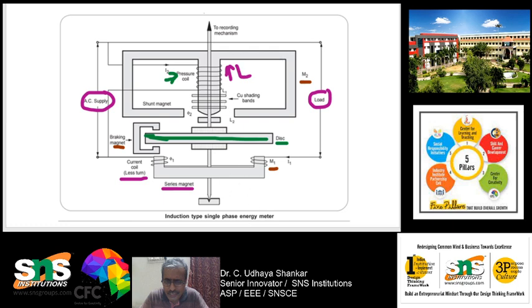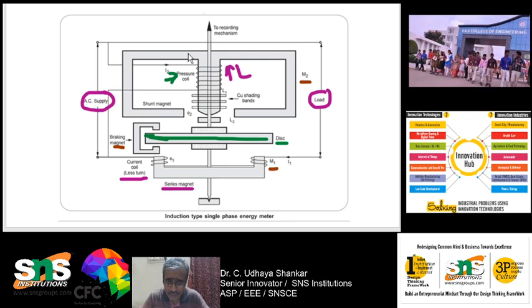It has been designed such that this series magnet will have less inductance, whereas this pressure coil will have high inductance. Okay, so this is how it operates.